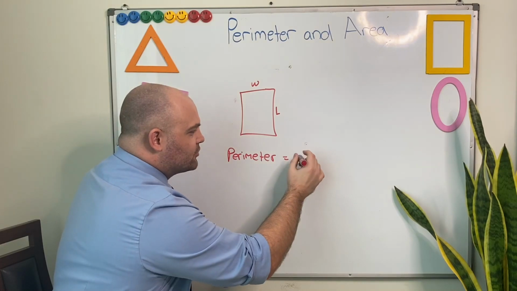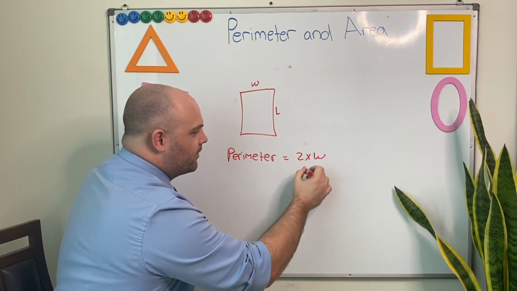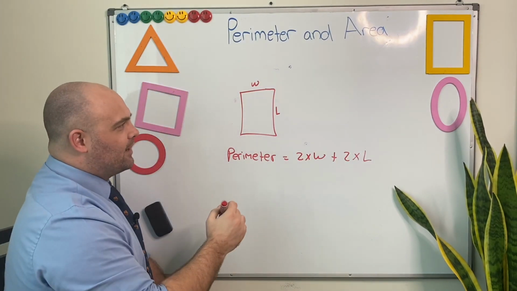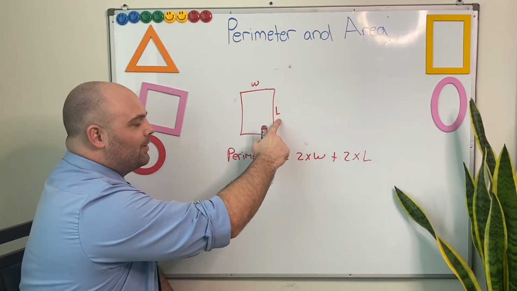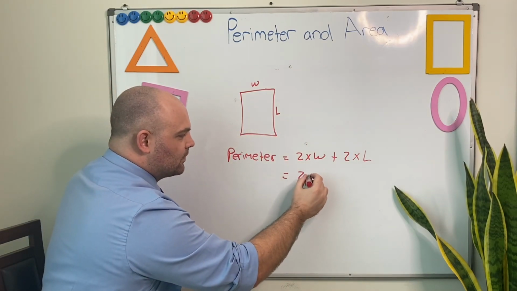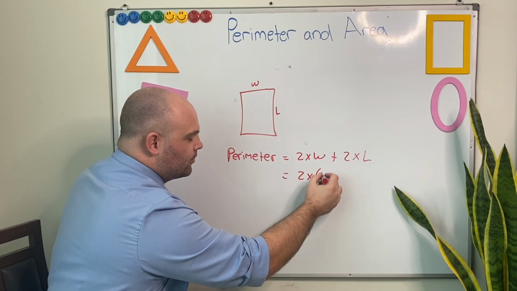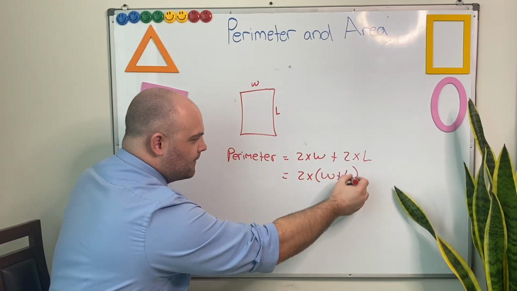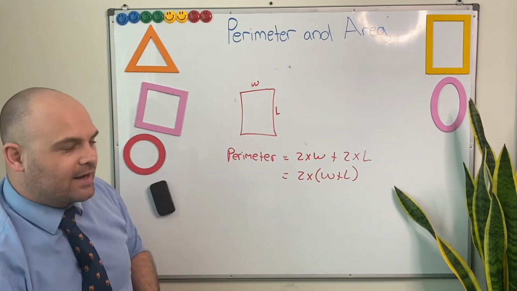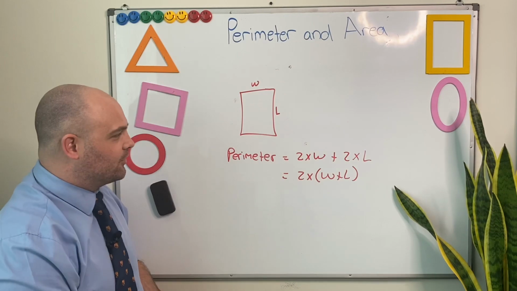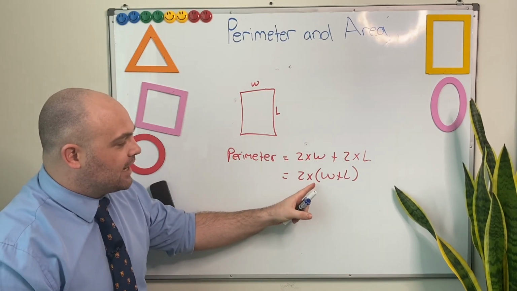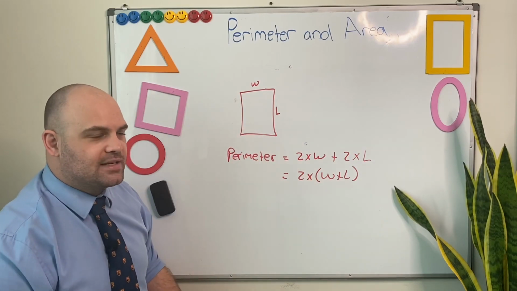All right, so 2 times the width plus 2 times the length. All right, or the width plus the length 2 times. So as long as you know the width of a rectangle and the length of a rectangle, you can quite easily find the perimeter by saying 2 times whatever the width plus the length is.